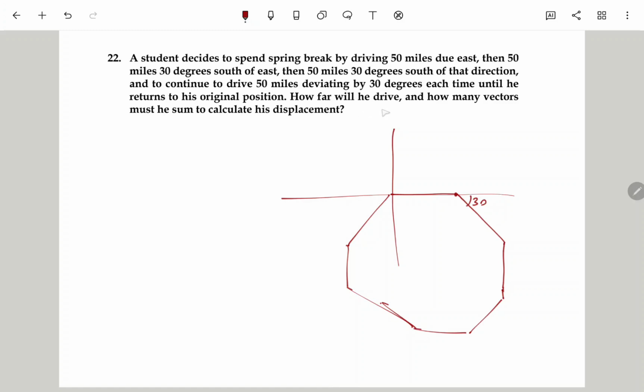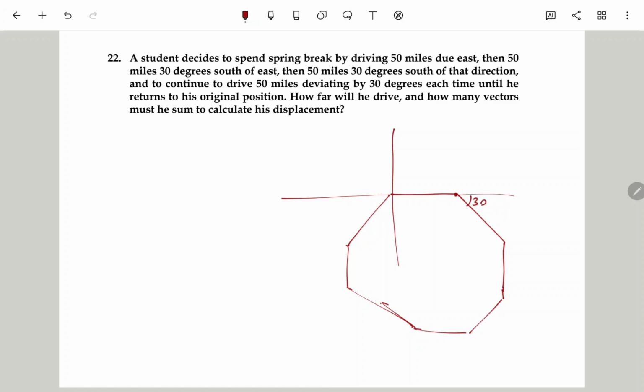How far will he drive and how many vectors must he sum to calculate his displacement? Now as we can see here, it's a polygon, and the exterior angle for this polygon is equal to 30 degrees. The total angle of the polygon is 360 and the deviation angle is 30 degrees.